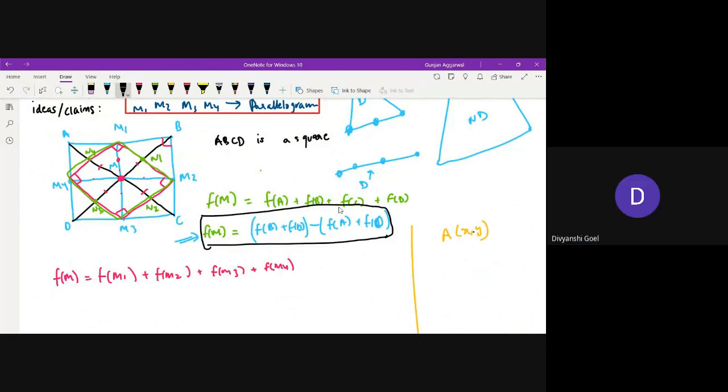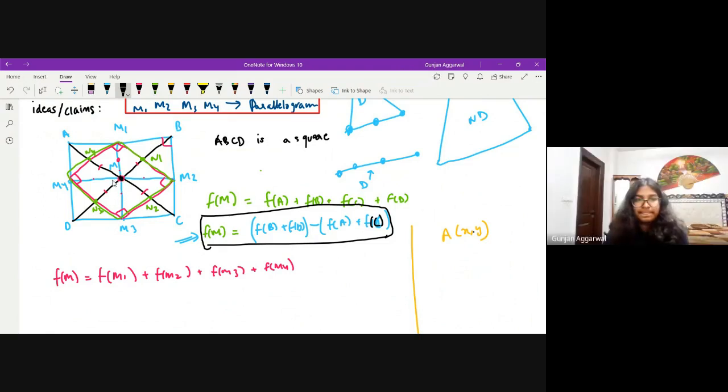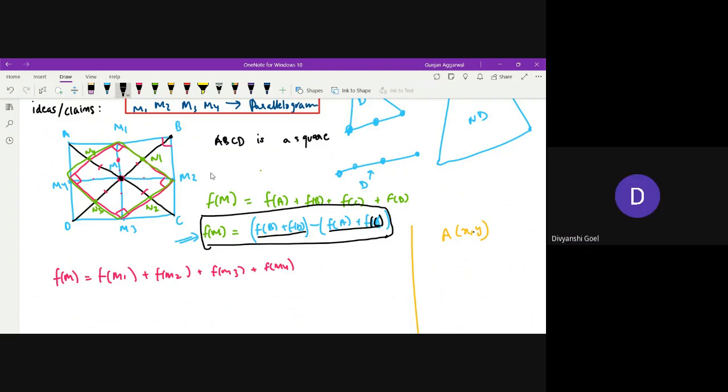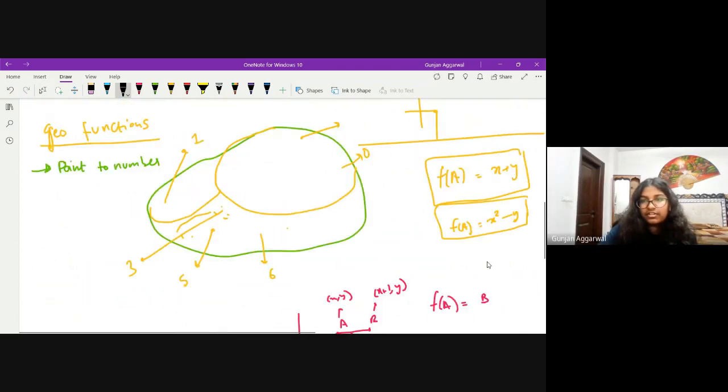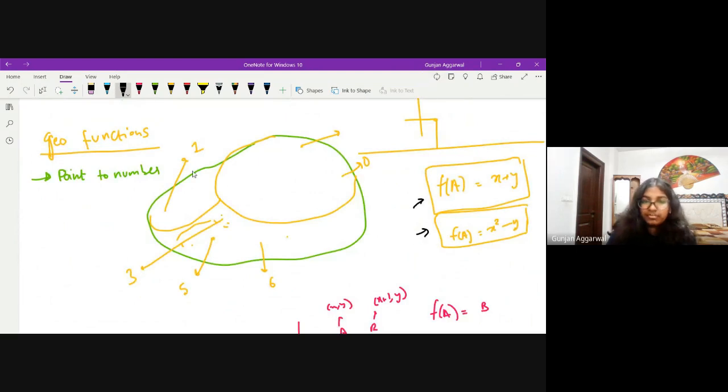Ma'am, AC and BD are diagonals, they are both intersecting at point M, and diagonals bisect each other. How is that relevant with the functions? They're not coordinates, the function isn't coordinates. It could be this, it could be this, it might as well just be a function like this. And so how do we relate?